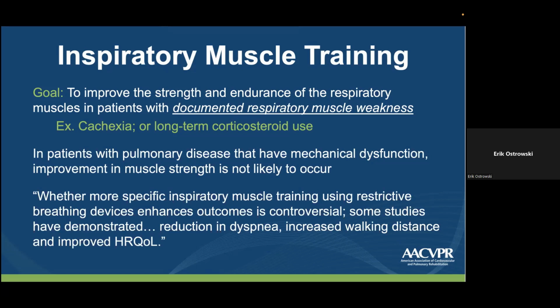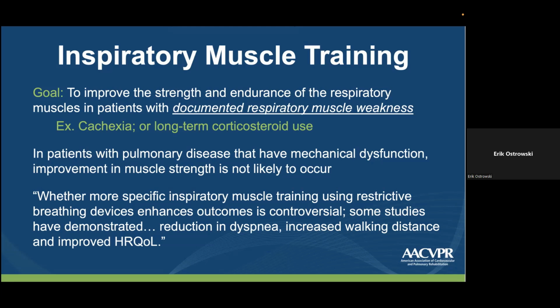And there's a good quote here from one of the guidelines, that whether more specific inspiratory muscle training using restrictive breathing devices enhances outcomes is controversial. Some studies have demonstrated a reduction in dyspnea, increased walking distance, and improved health-related quality of life. So inspiratory muscle training can be very beneficial to our patients.